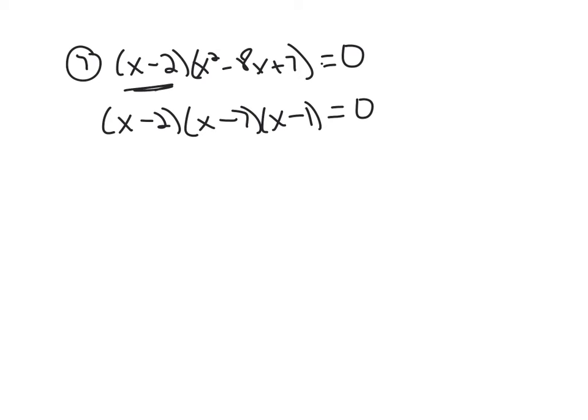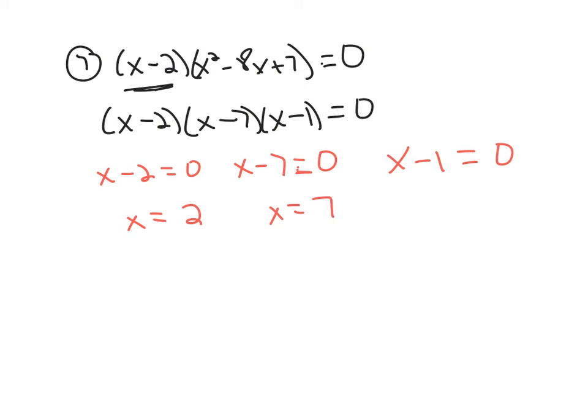And now you have 3 separate ones. x minus 2 equals 0, x minus 7 equals 0, x minus 1 equals 0. So x equals 2, x equals 7, x equals 1. So your answer, 2, 7, 1. And since this is a cube, this is not going to be a parabola, so we wouldn't worry about graphing that one and all of that.